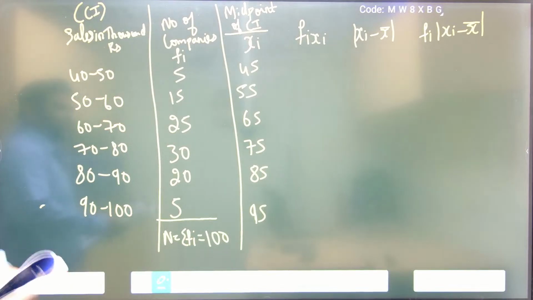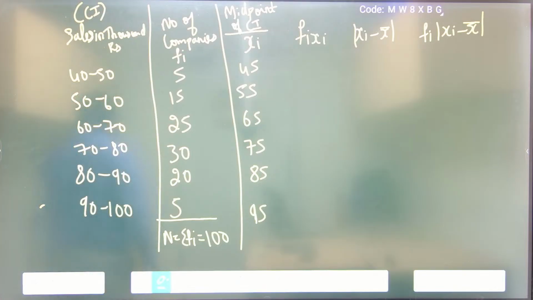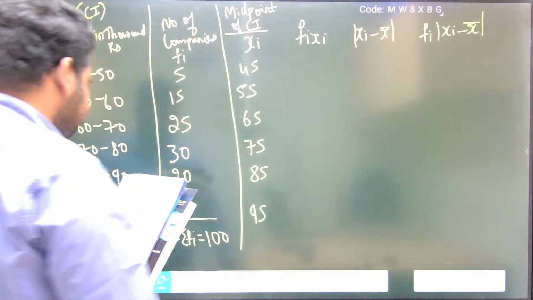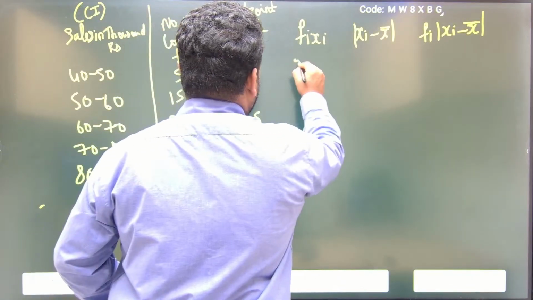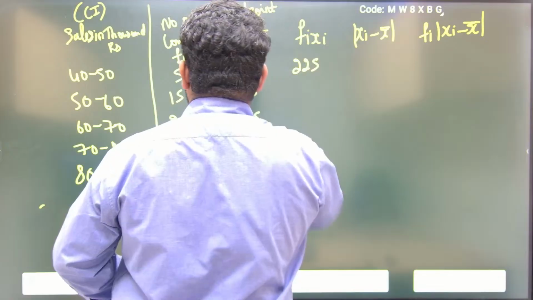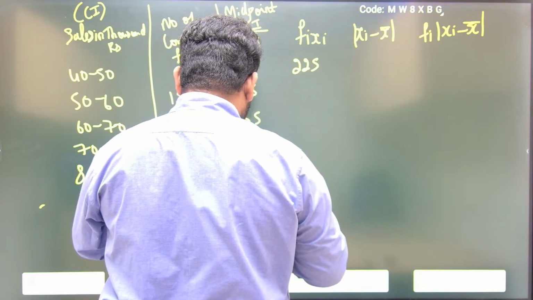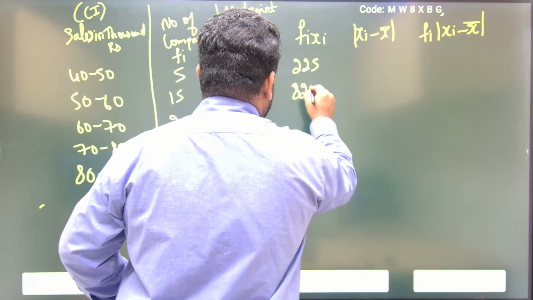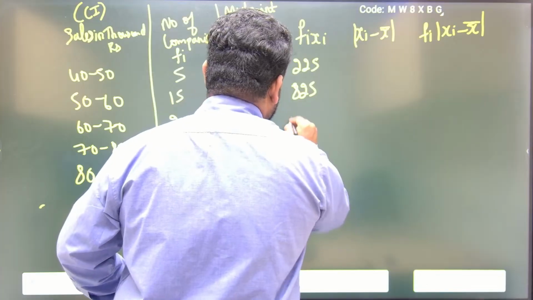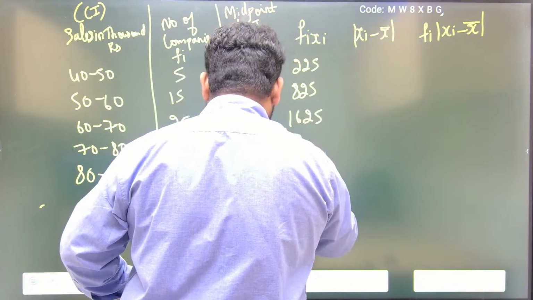Now fi xi, directly I will write it, you have to calculate by yourself by multiplying. So fi xi: 45 into 5 is 225, then 225, 825, 1625, 1700, 475.